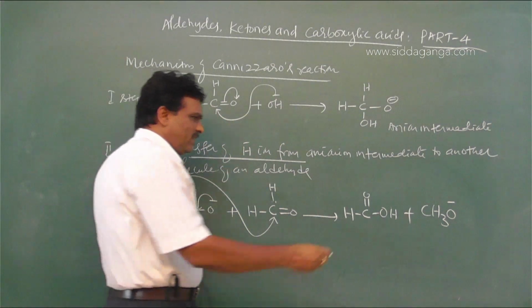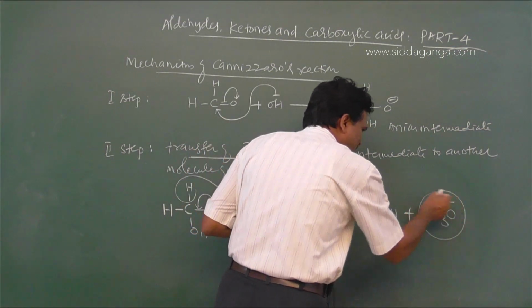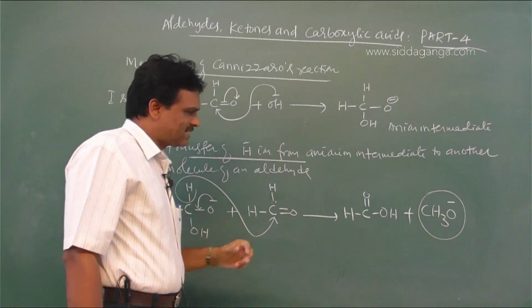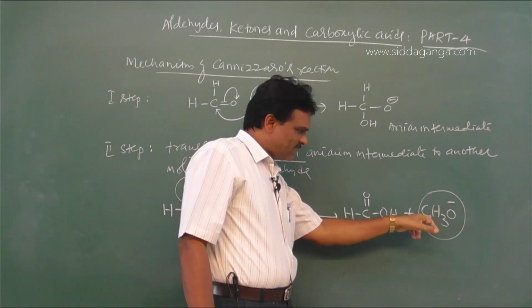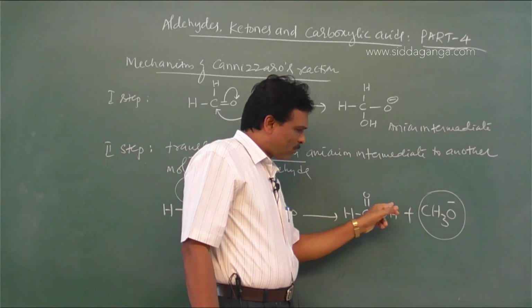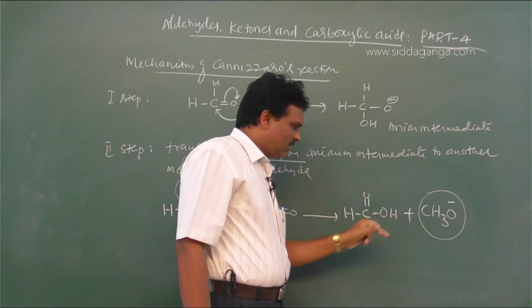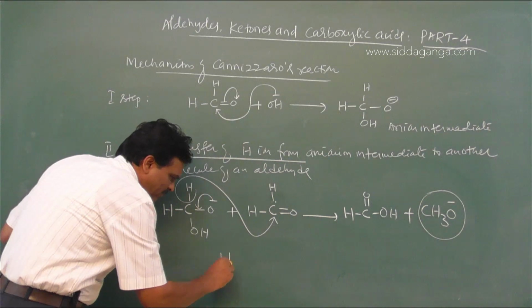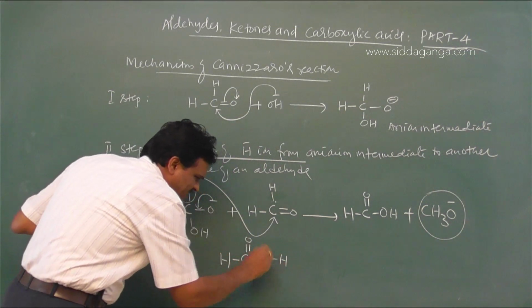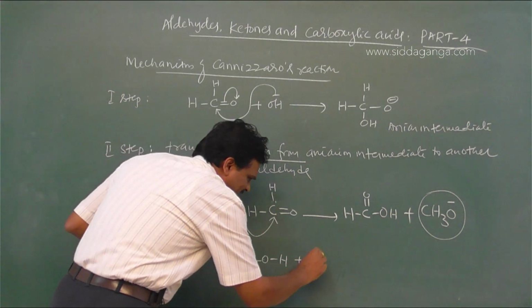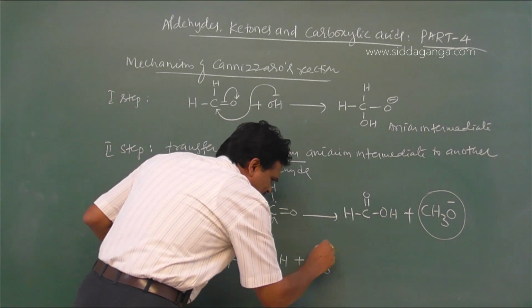Then this methoxide ion is a strong base and also acts as a nucleophile, but in this case it acts as a base. A base is a substance which can abstract a proton from a carboxylic acid. So HC double bond O-OH, this is the carboxylic acid, interacts with the methoxide ion.